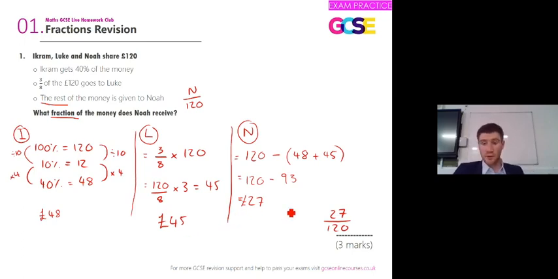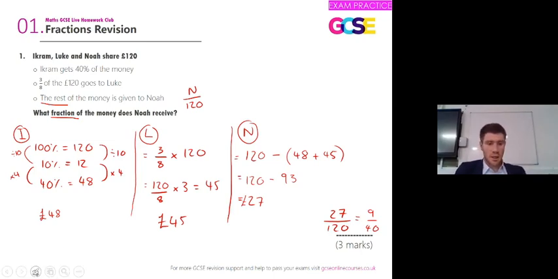You only have to simplify when you're told to. If I needed to simplify, we could divide everything by 3, and we would get 9 out of 40, which is also fine. You do not need units either because it's a fraction. Pounds aren't necessary. So either of those answers are great.